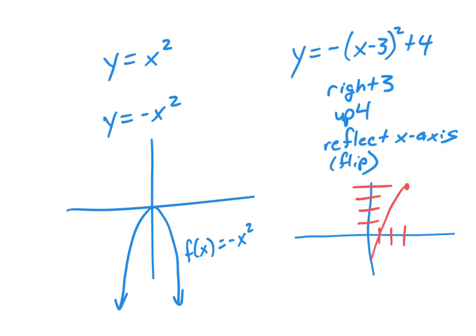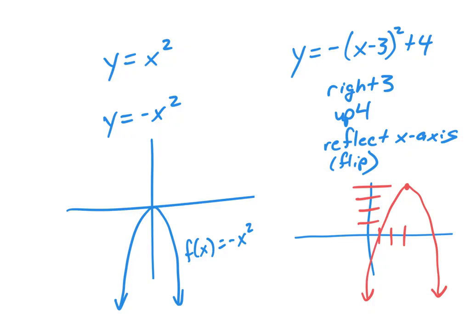Now, when I say it's going to reflect over the x-axis, then it doesn't mean it's going to be below the x-axis because our original movement has changed, right? It's not at 0, 0 anymore. So it's not like this one here where it's got to stay below the x-axis because of the shift that's taking place. So keep that in mind too, that it's going to look a little bit different. But it's taking all of those into account, right? All the different changes that are happening.